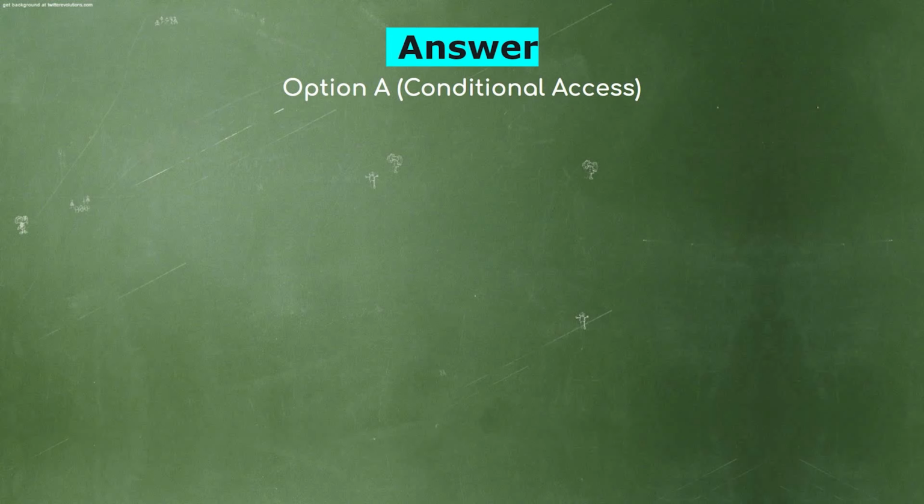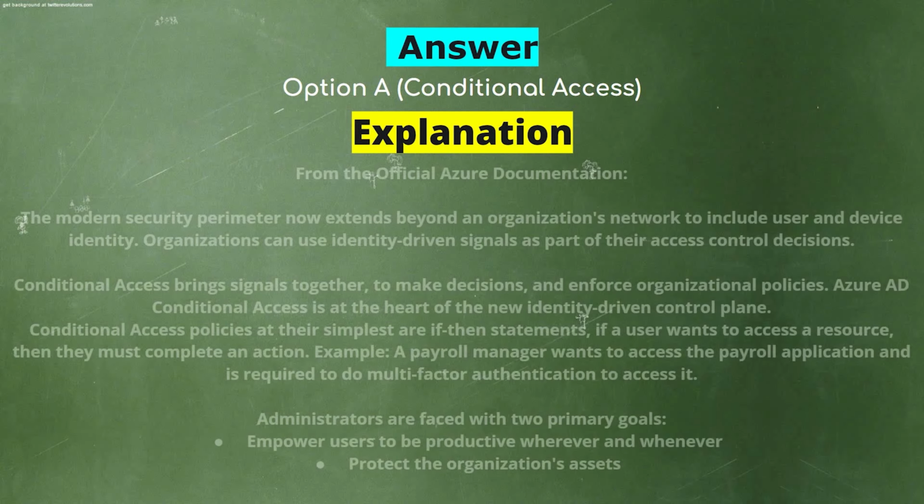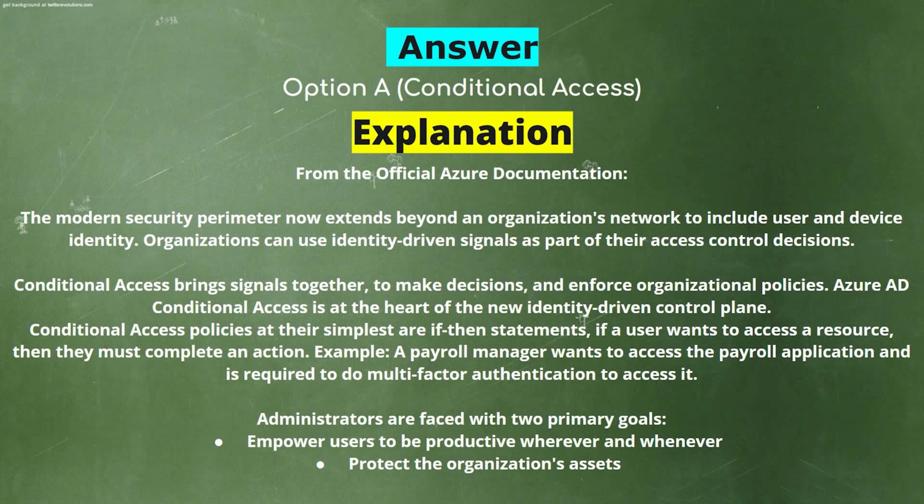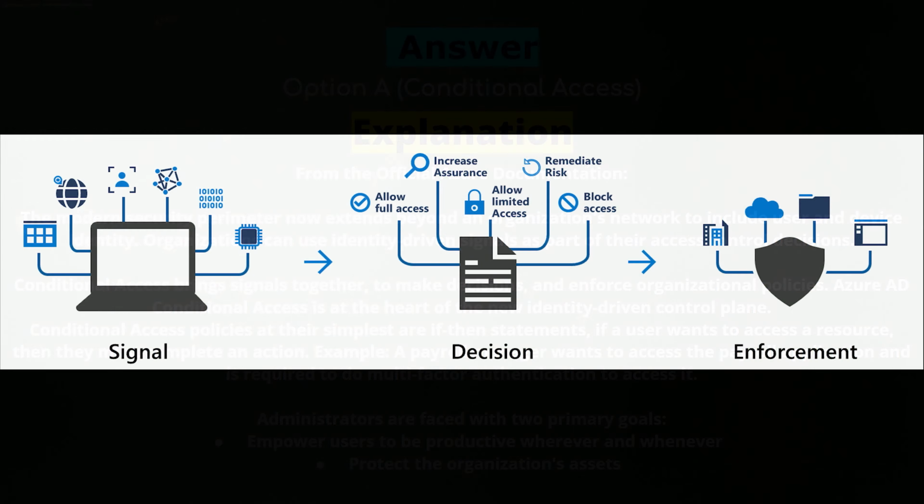Conditional access. Explanation. The modern security perimeter now extends beyond an organization's network to include user and device identity. Organizations can use identity-driven signals as part of their access control decisions. Conditional access brings signals together to make decisions and enforce organizational policies. Azure AD Conditional Access is at the heart of the new identity-driven control plane.